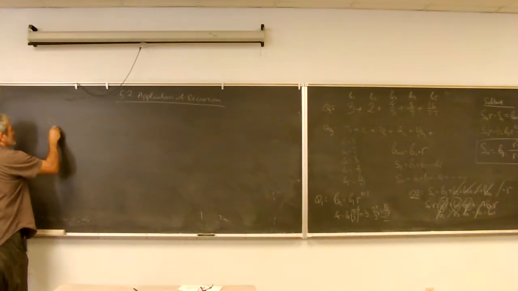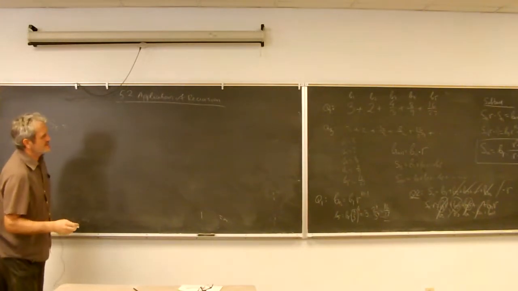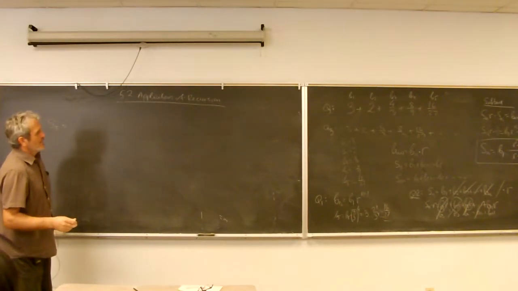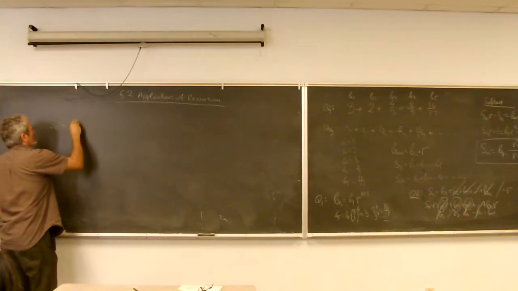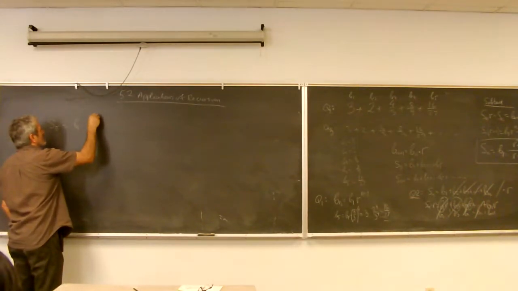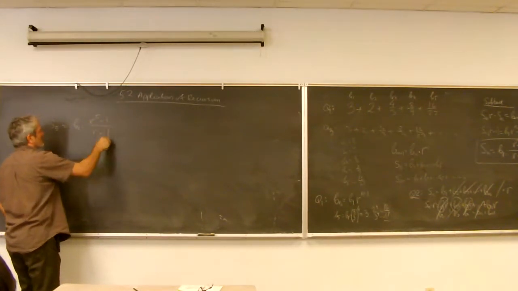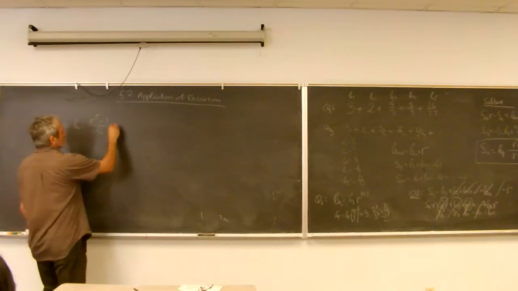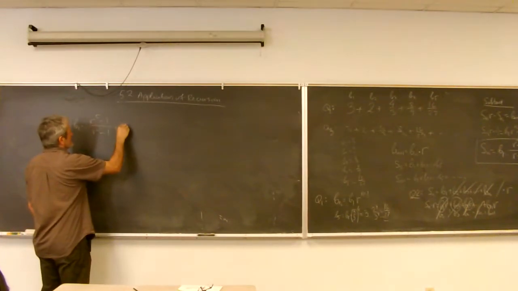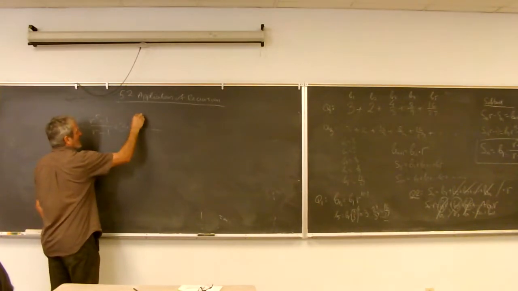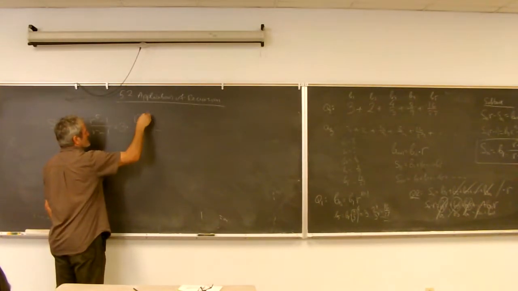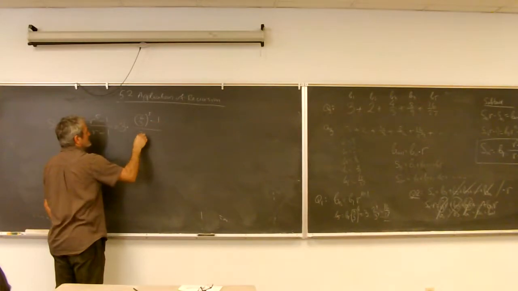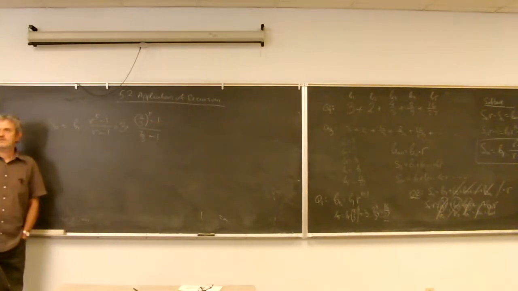So the formula says S5 equals B1 times r to the 5th minus 1 over r minus 1. So who's my B1 in that sequence on top? 3. My r is 2/3. So 3 times 2/3 to the 5th minus 1 over 2/3 minus 1.